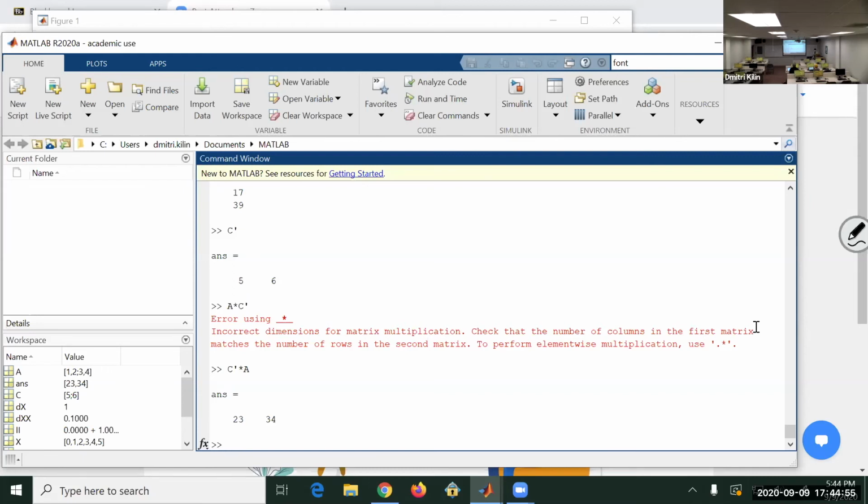Did you get to this point in vanilla algebra? Okay, so what should we do?